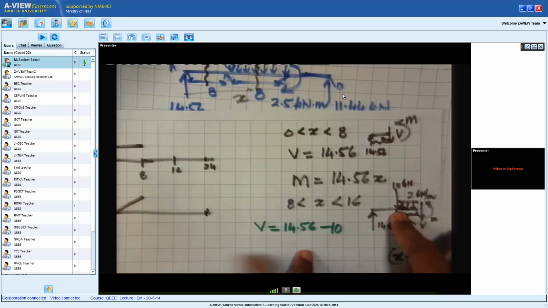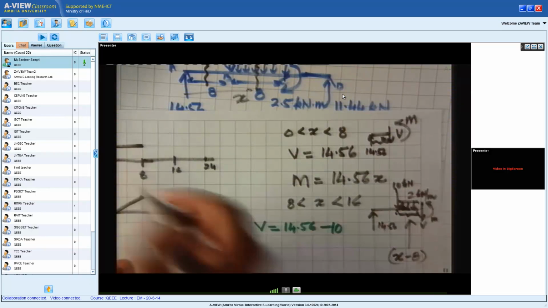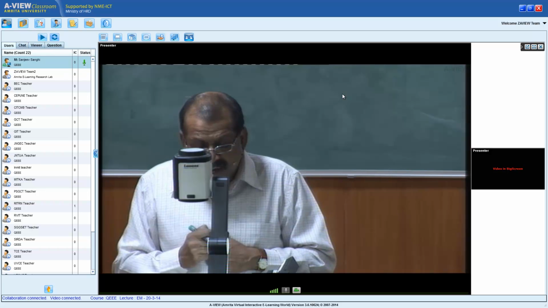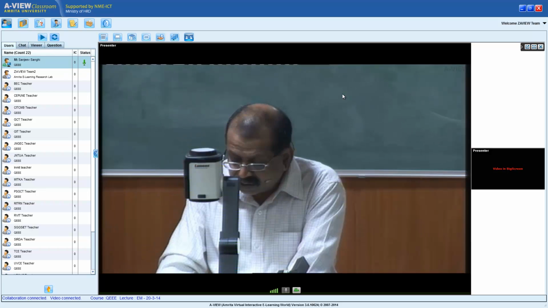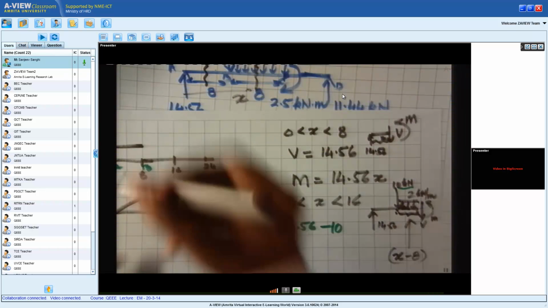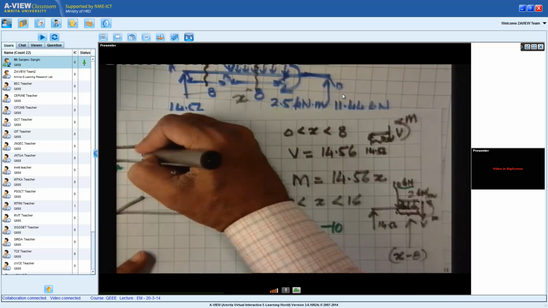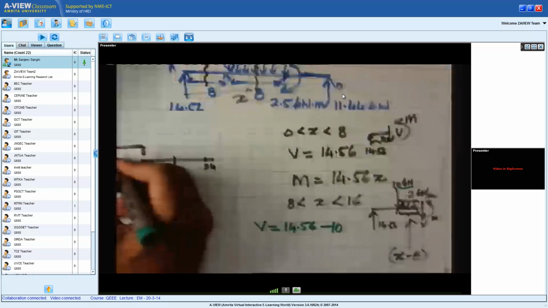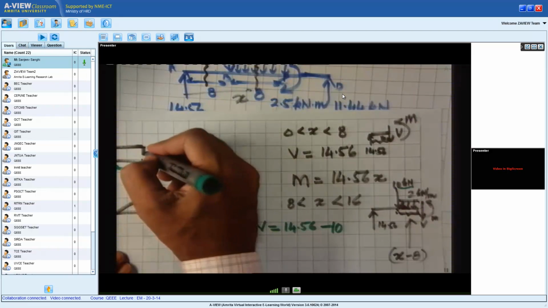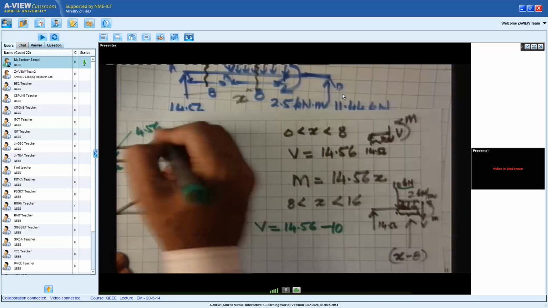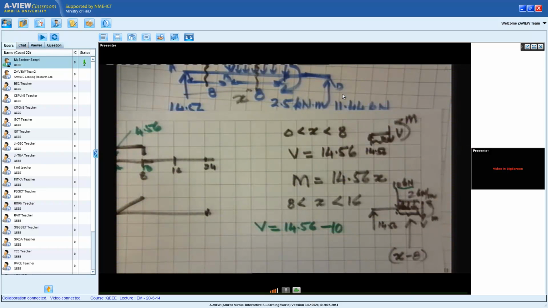This minus 10 is going to come just after point B. That means the shear force diagram will undergo a jump of 10 kilonewtons in the negative direction. Because of this point force, it will go down by 10 kilonewtons. So this value is going to be 14.56 minus 10, so it will be plus 4.56.